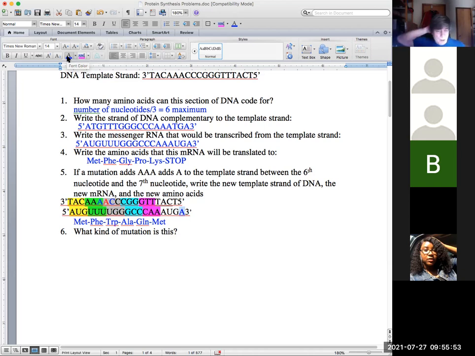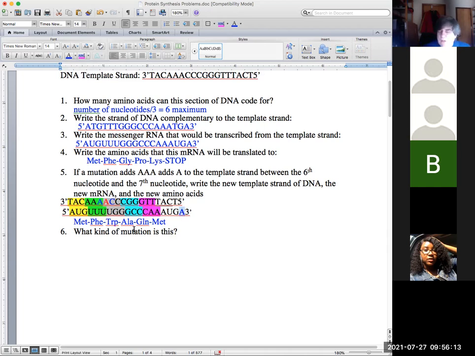So that means this protein might end up being bigger than it's supposed to be. It's supposed to be 5 amino acids and then it stops. We've already got 6 and the ribosome is going to keep reading. So this is how we get mutations that produce proteins that don't work.